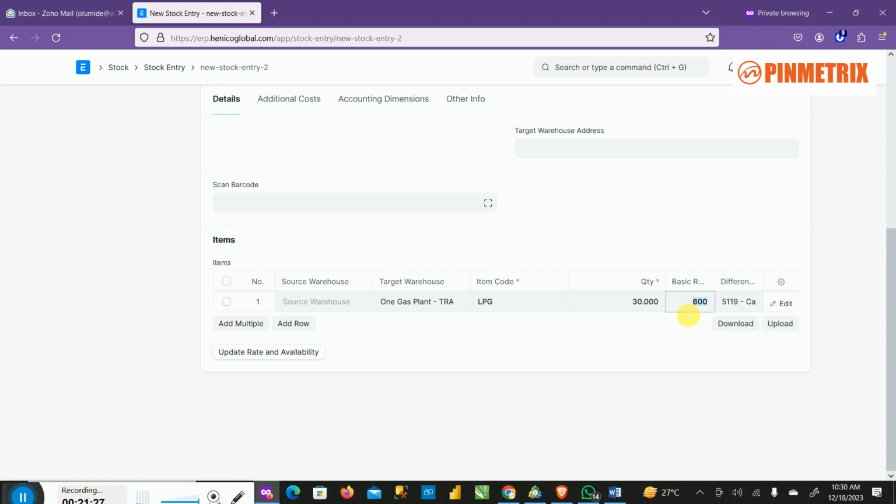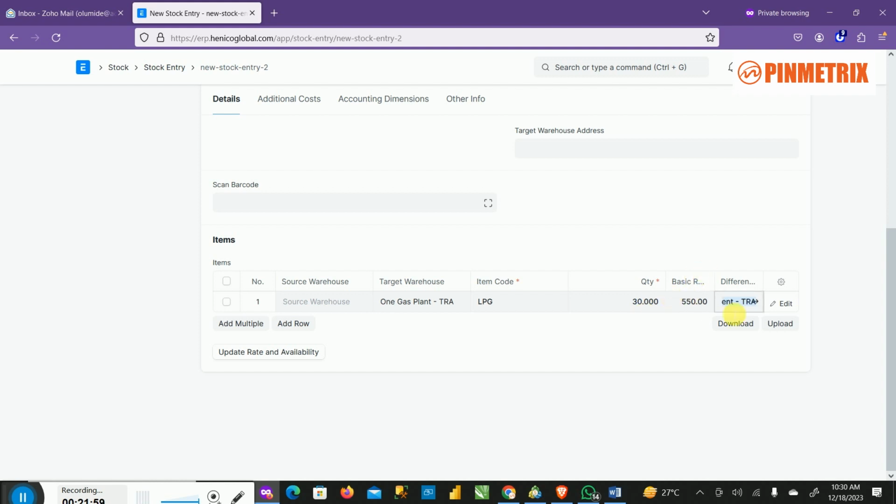But the system wants to be able to produce its financial reports and other valuation reports. So the system will definitely ask you for the price, that is the cost price that you are using. So you should have an idea of what your cost price for this particular product is. So I can say the value, let's say, 550.